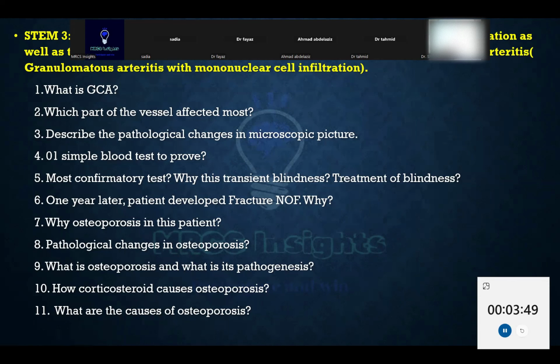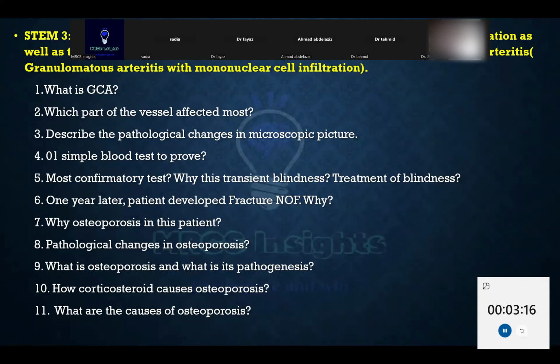Can you tell me clearly? I really can't recall this, but I think it's the RANK ligand. I really cannot recall this. No problem. Tell the examiner that you may come back later to this question, please.